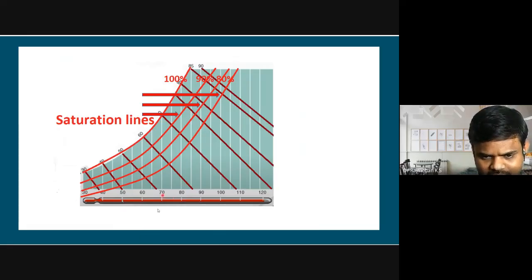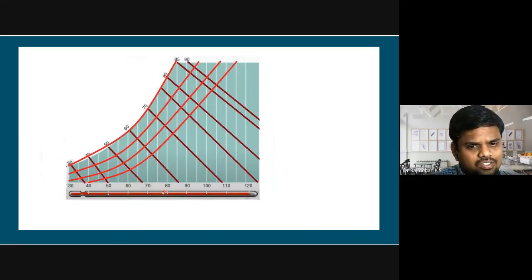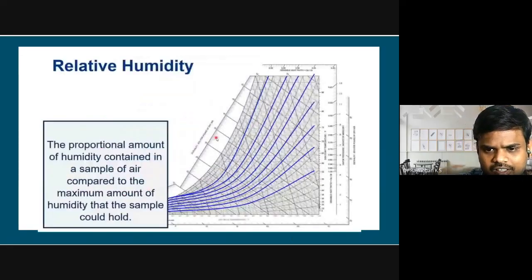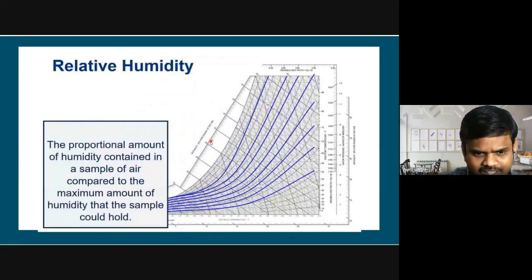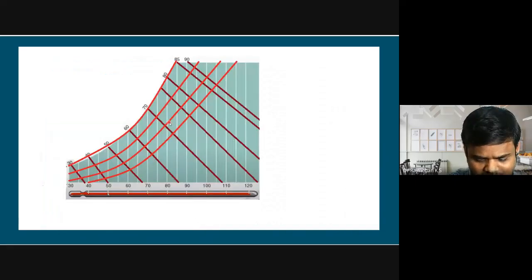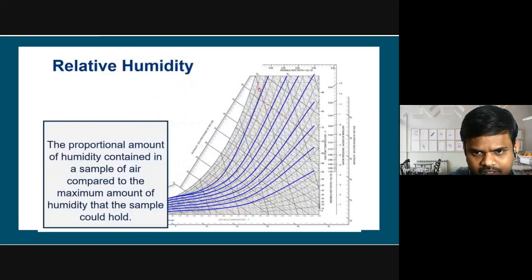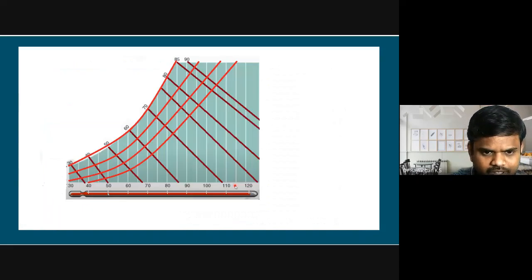So first we have seen dry bulb temperature, absolute humidity, wet bulb temperature. Now we are seeing saturation lines, which are also called relative humidity. When I say relative humidity is 100%, 80%, 60%, 40%, 30%, 20%, 10%, that is the relative humidity line or percentage saturation.